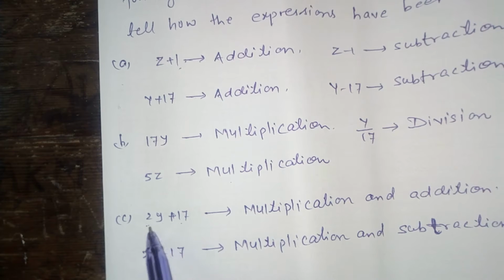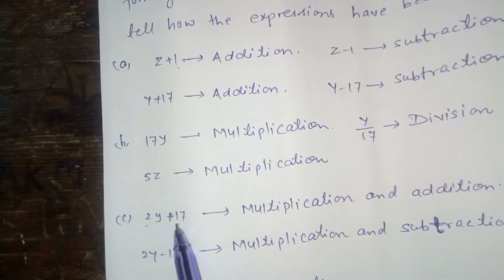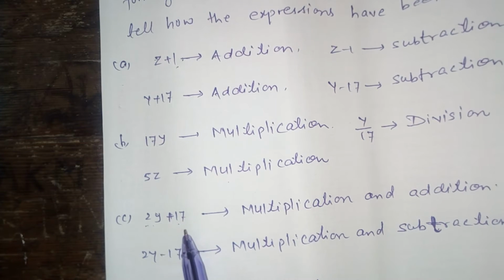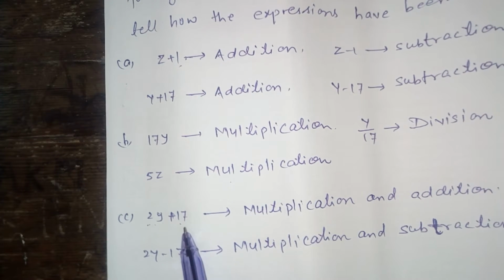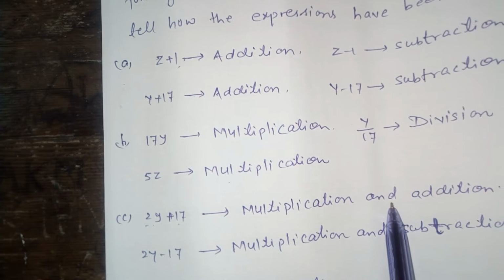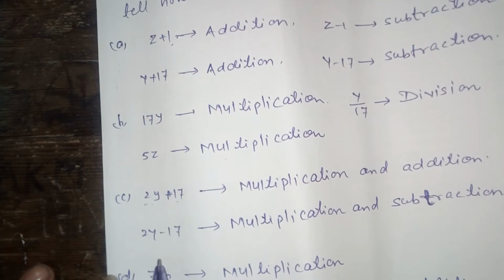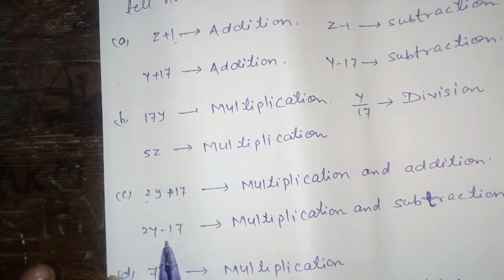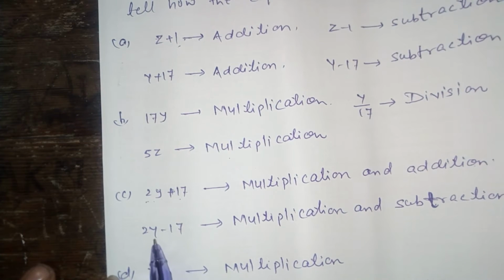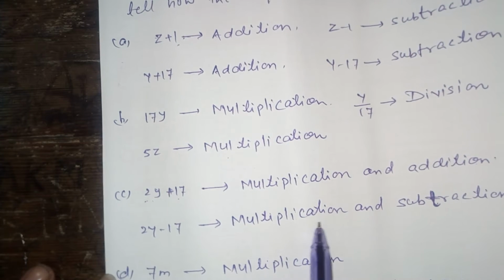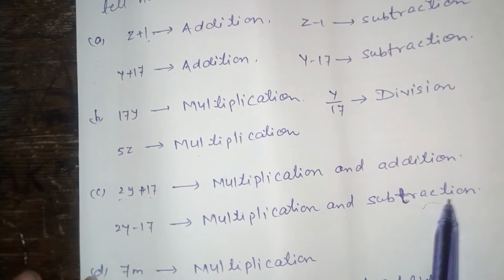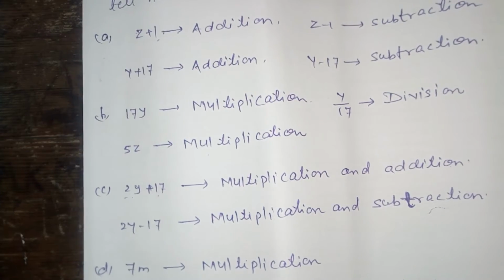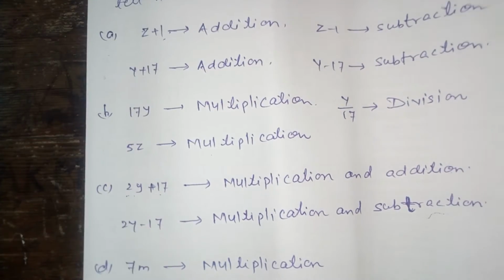So the operation is multiplication and addition. In 2y minus 17 the operation is multiplication and subtraction.